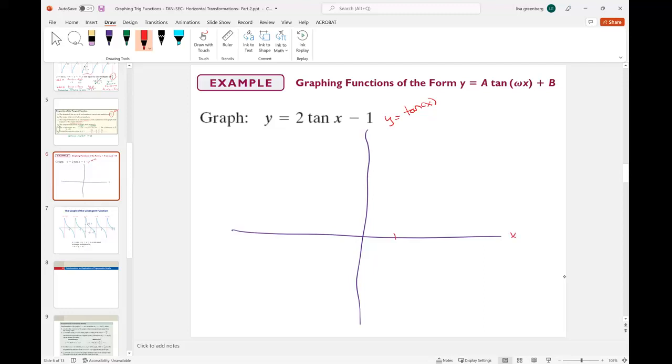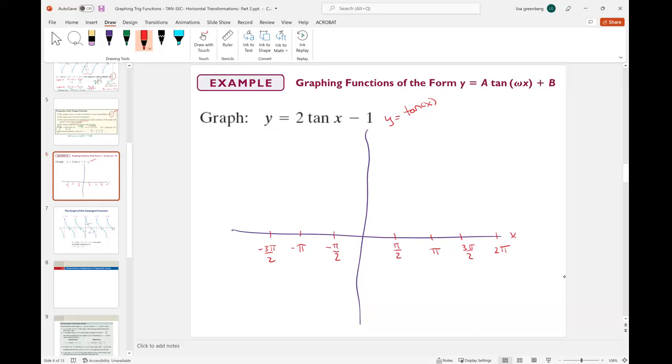Okay, well, I know that it's down 1. Yeah, we're not doing the down one, we're doing the tangent. If you can't graph the tangent, you can't really move it. Well, it starts at 0, right?